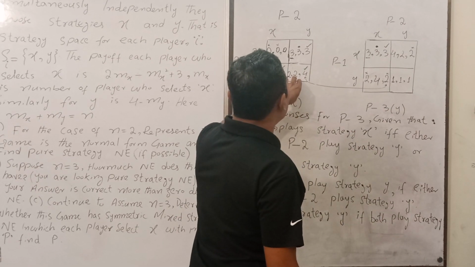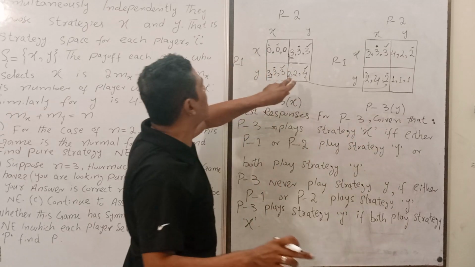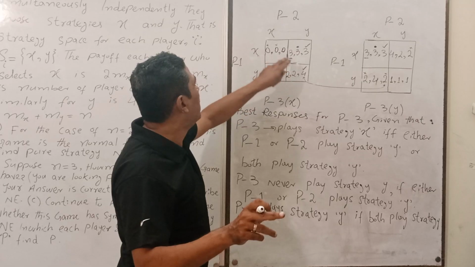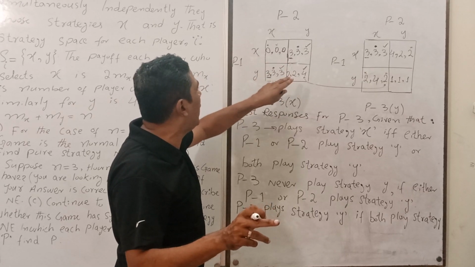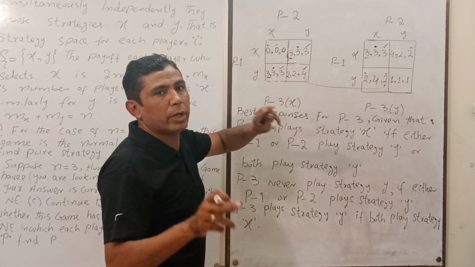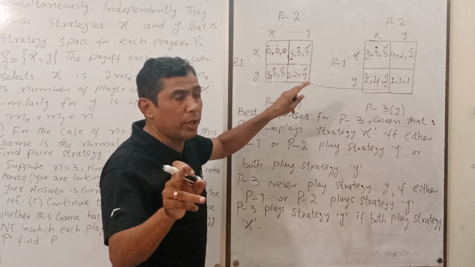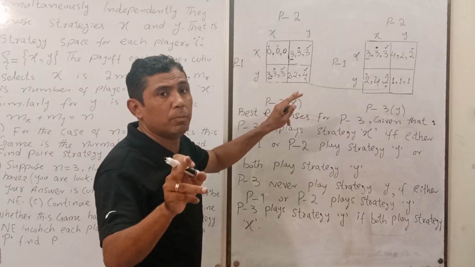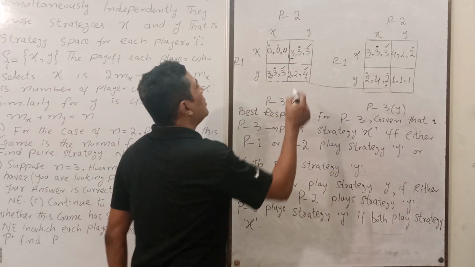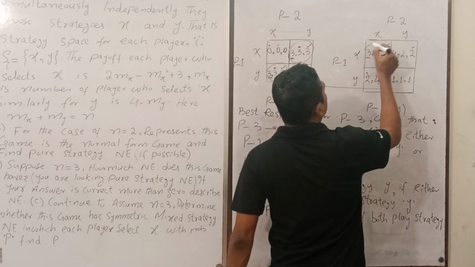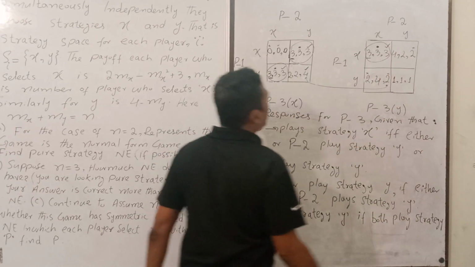Now why am I not going to select this box? Because this is not the simultaneous best response for player 1 and 2. Clear? It is the best response only for player 3, not for both other players. So that's why there are 3 Nash equilibria here according to these criteria.